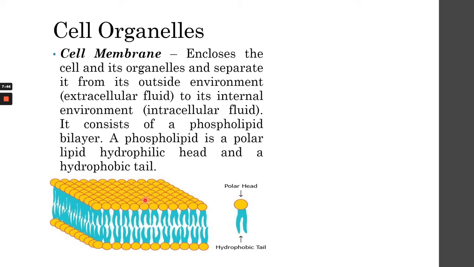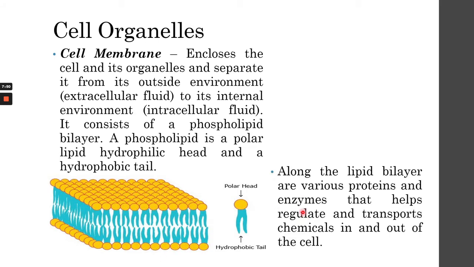It creates a bilayer that separates the extracellular fluid from the intracellular fluid. And along this bilayer, there are various proteins and enzymes that help regulate and transport the chemicals needed by the cell in and out of the cell.